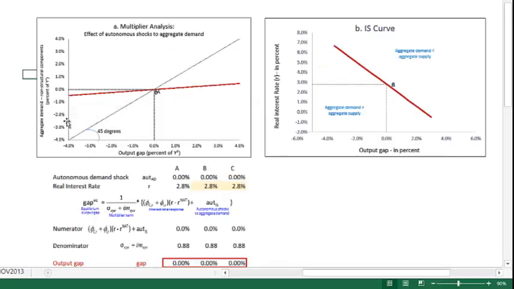If you have a look at this diagram, this is the familiar 45-degree line. On the vertical axis, we have the elements of aggregate expenditures or aggregate demand.